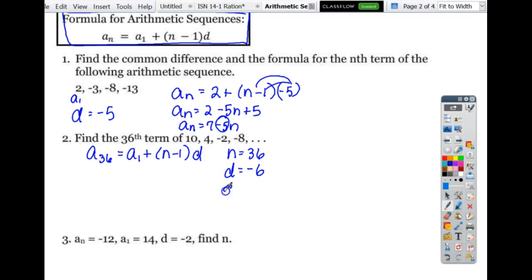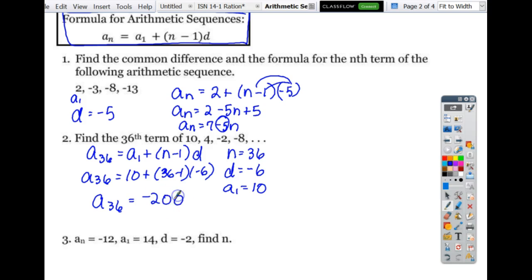And what is my a sub 1? 10. So my 36th term is going to be 10 plus 36 minus 1 times the -6. If you multiply all that out, you get -200.